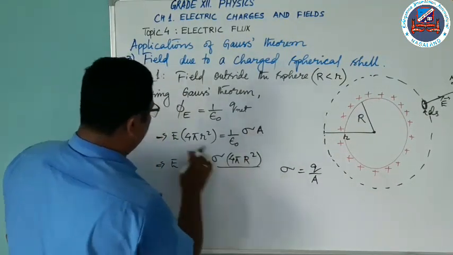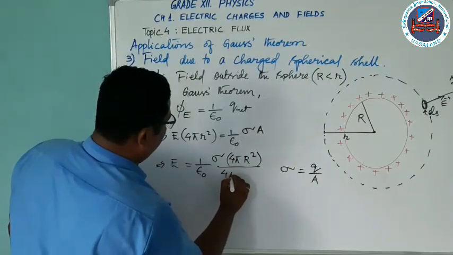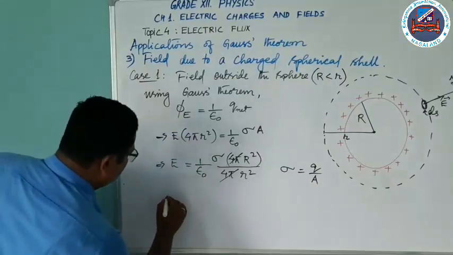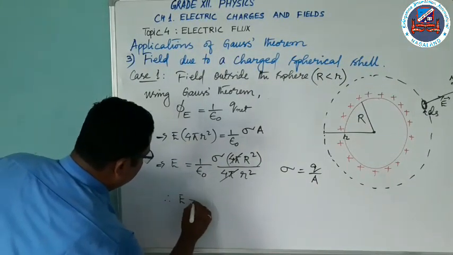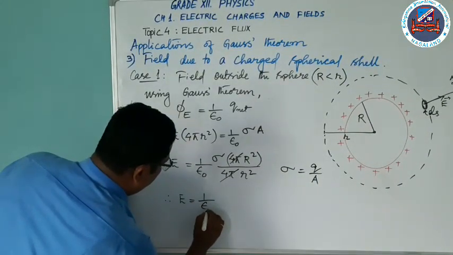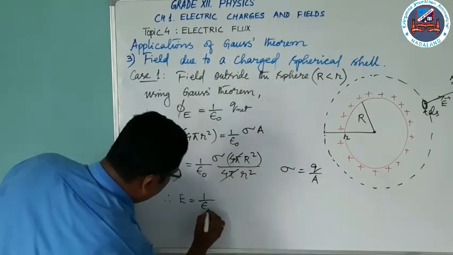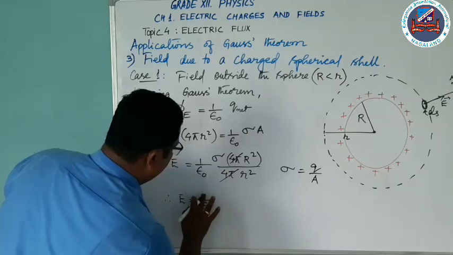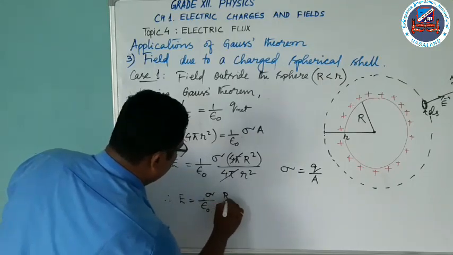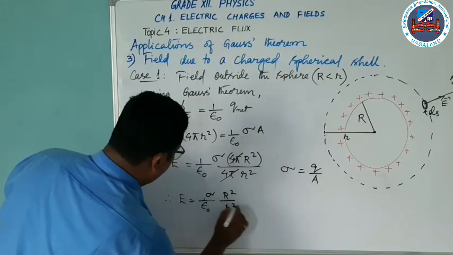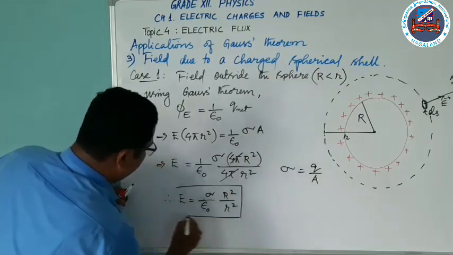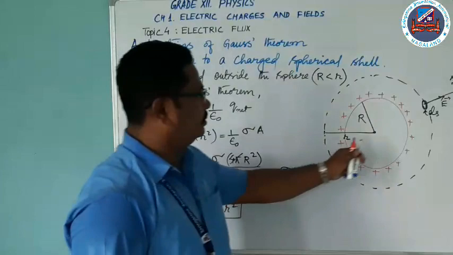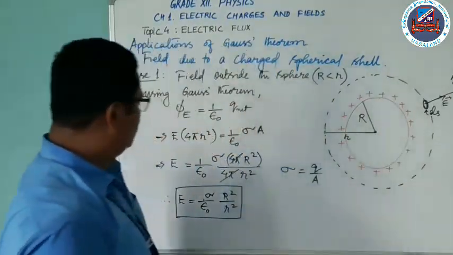And then downside, you bring down this 4 pi r square. 4 pi, if you cancel it, you will get the electric field intensity outside, that means outside the spherical shell. That is sigma R square by epsilon naught r square. So this will give us the electric field intensity outside the shell.